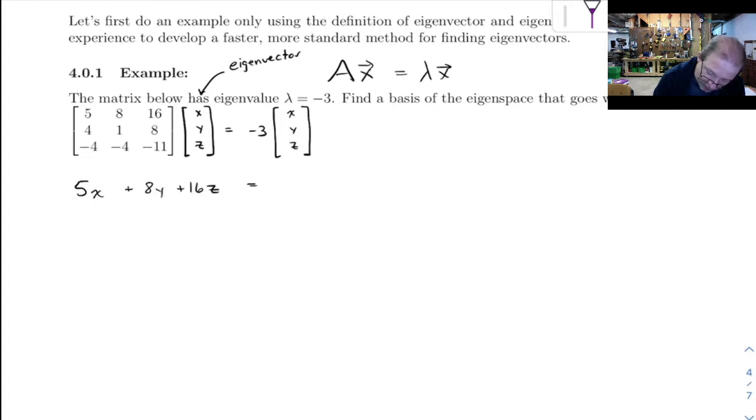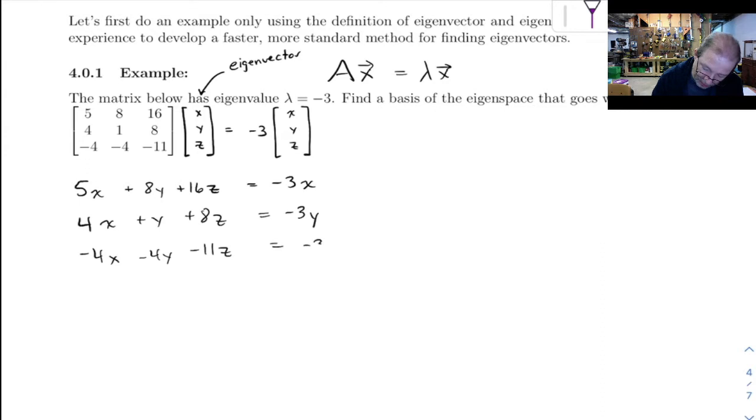Over here, this gives me -3x. Then the second row gives me 4x plus y plus 8z, and this is -3y. I get -4x minus 4y minus 11z equals -3z.